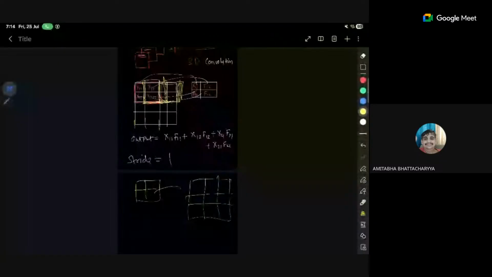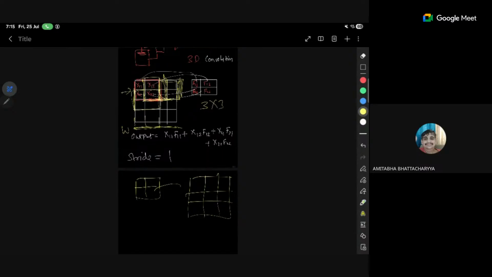An output of 3 in width. Similarly, I'm going to move one down after this. Once I go like this, I'll come here, do this convolution, and then go there. So I'll have another three and another three, and what I'll get is a 3 cross 3 output after doing the convolution operation, right?